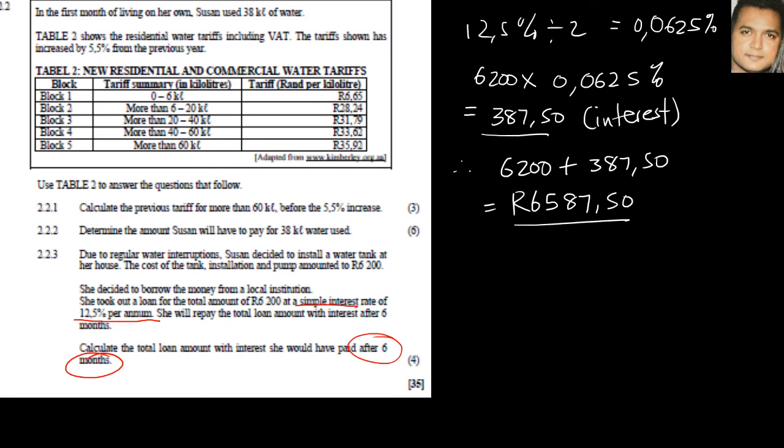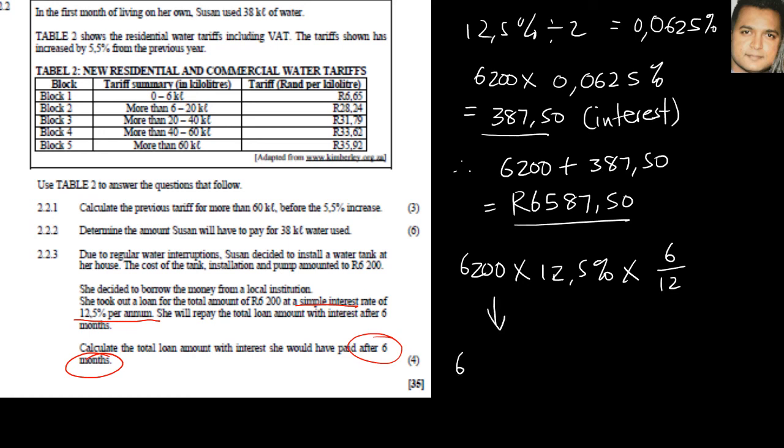The other way we could do it is we could look at the amount of months that we have. So we could say 6,200 times the 12.5%, and we could look at the months in terms of 6/12, and you'll arrive at the same working.